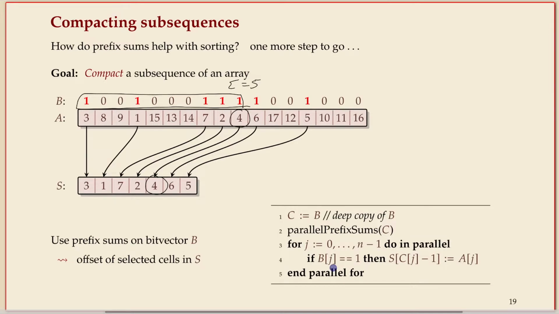If our processing element has one of those positions assigned that has a 1, then it gets active, otherwise it sleeps. And what does it do? It copies its element, a of j, into wherever c of j says it should go, -1 for the off by 1, we start indices at 0.